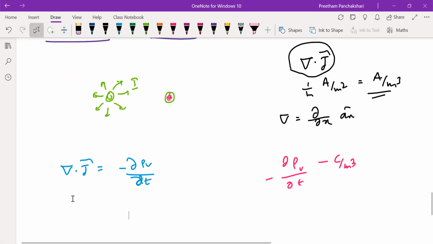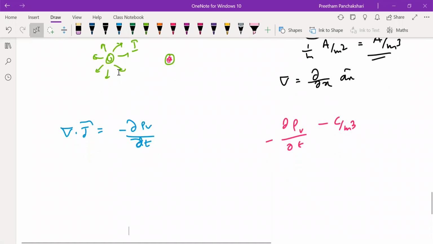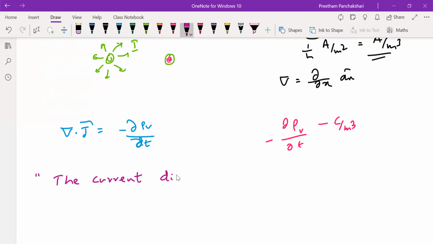So this equation can be explained this way. The current diverging from a point per unit volume.